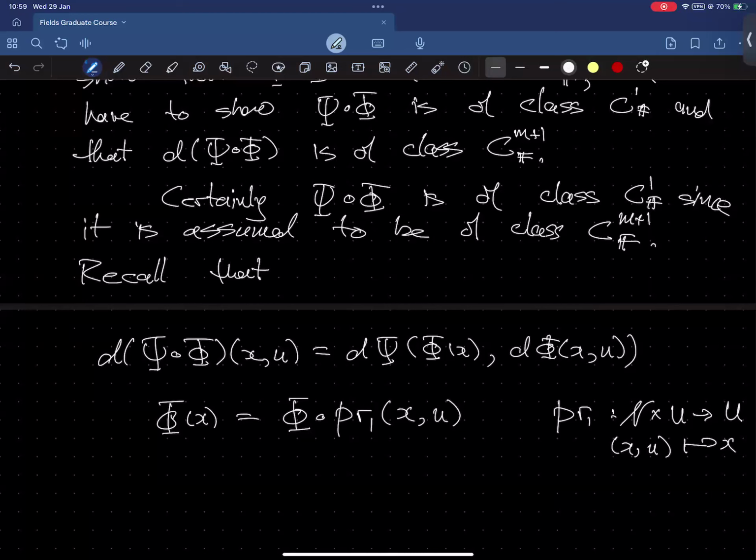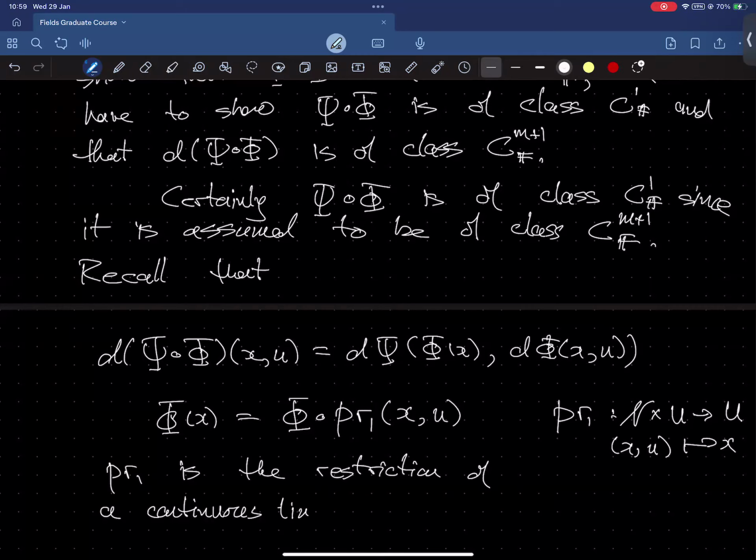PR1 is the restriction of a continuous linear mapping to N cross U. This thing sits inside U cross U, and if I think of PR1 as a mapping from U cross U into U, it's certainly linear.